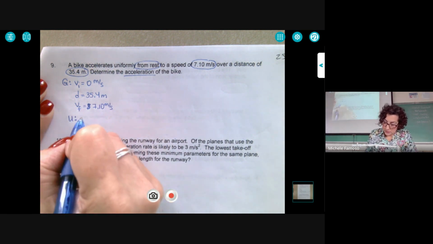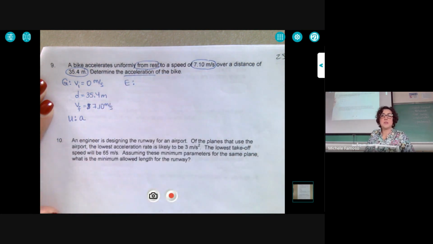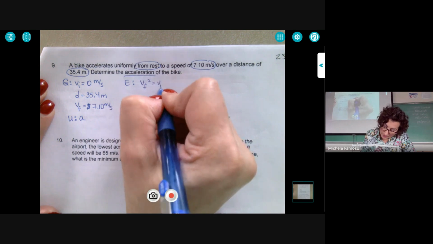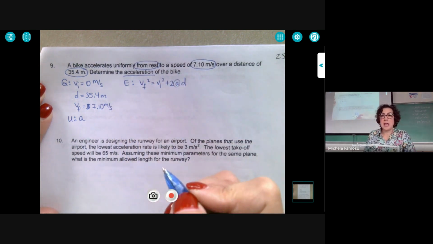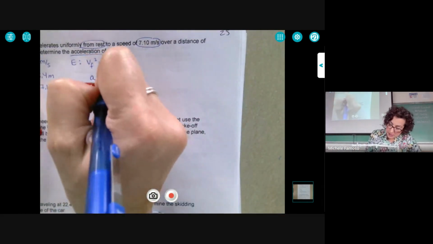Now, Christian, what's our unknown letter? Acceleration. Lowercase a. Good. All right, Logan, you get to pick the equation this time. VF squared equals VI squared... Yes. And we got to move it around for A, which I'm going to look back. I think we did this previously. Yep. In number 4, you'll see that we moved it around for A previously.